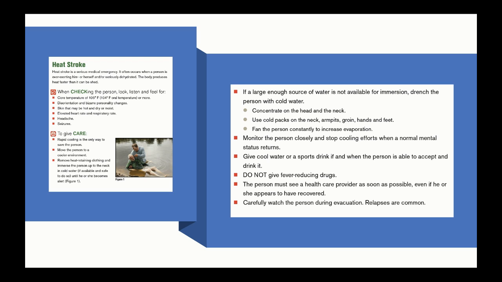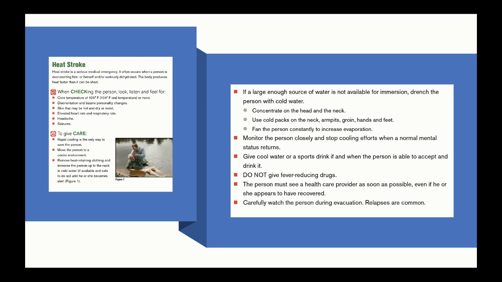Okay, so think of those warmer parts of your body that a lot of times we get sweaty or we feel a lot of heat release from normally. You need to monitor this person closely and stop your cooling efforts when the person comes back to a normal mental state. Okay, give cool water and sports drinks if and when the person is able to accept the drink.